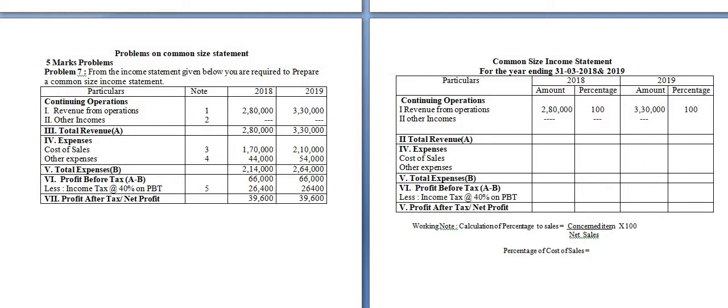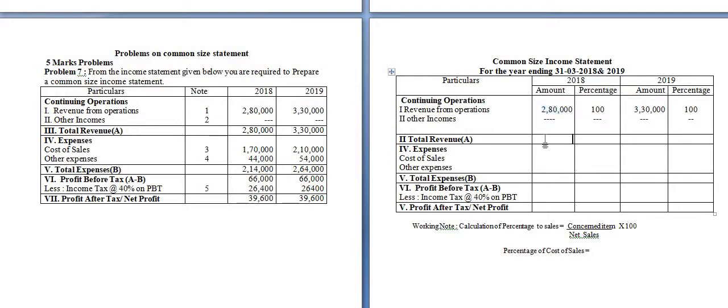Here also. Done. Now next one is we have to find out total revenue. As the firm doesn't have any other income, so whatever revenue from operation will be there, that itself is the total revenue of the firm.